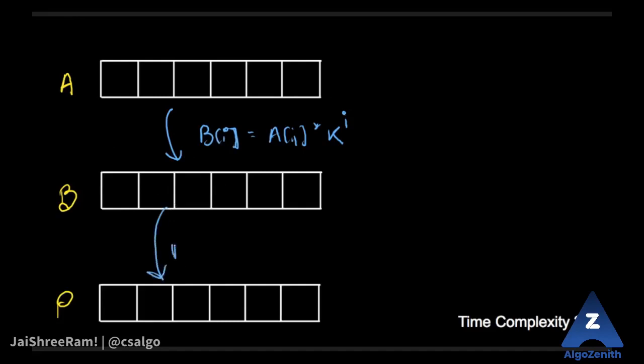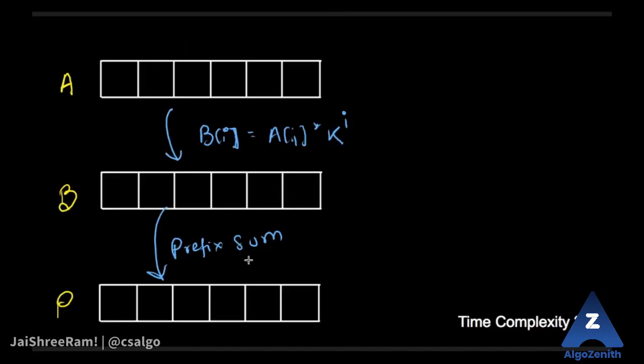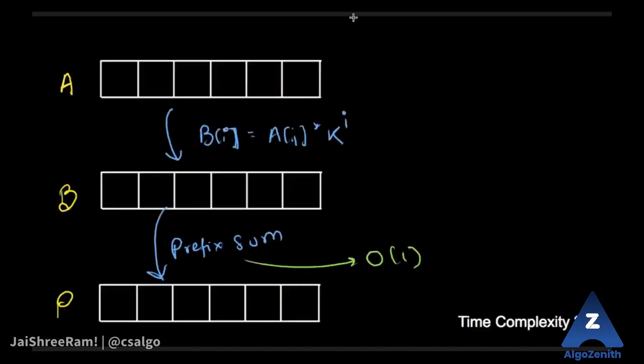So this is just building prefix sum. And once we have this prefix sum, every query will need this range sum of B, right? So that we can get from this prefix sum in order 1, right?